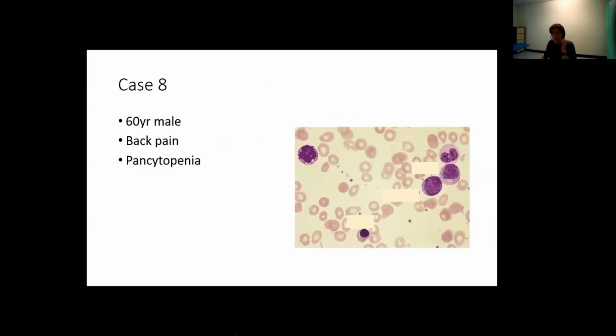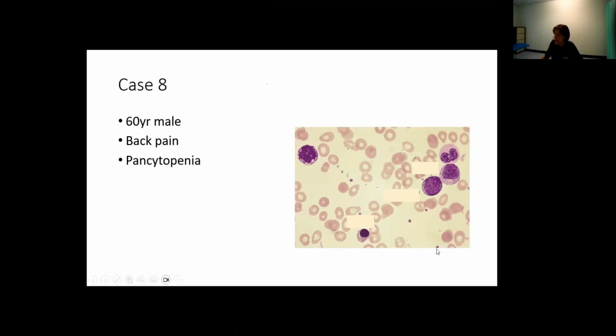Okay. I'm feeling this might be my last case. This case is a 60-year-old man with back pain and pancytopenia. And this is quite different to the one that we saw before. We don't have the plasma cells circulating, but what you've got here is a range of things that you shouldn't normally see.